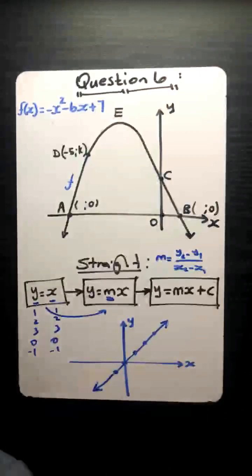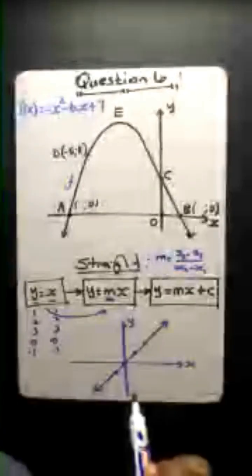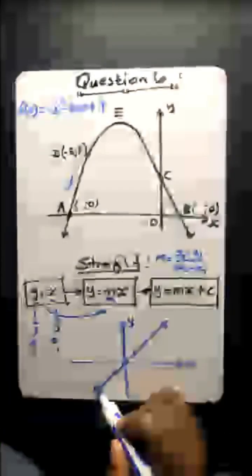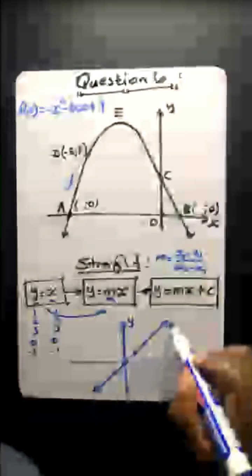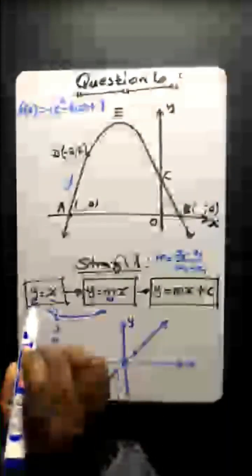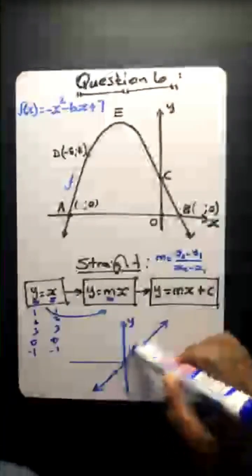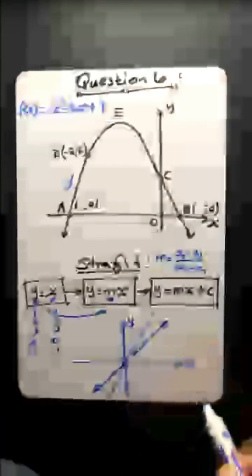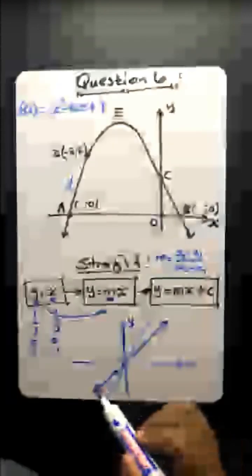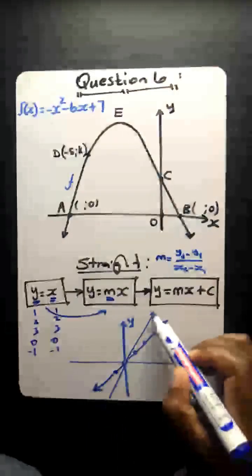Remember, guys, it's not always where you're going to have a straight line where when y is whatever value, it is the same as that. You might find a straight line in that direction. So can you see when you compare the gradient of that line and that line is different?